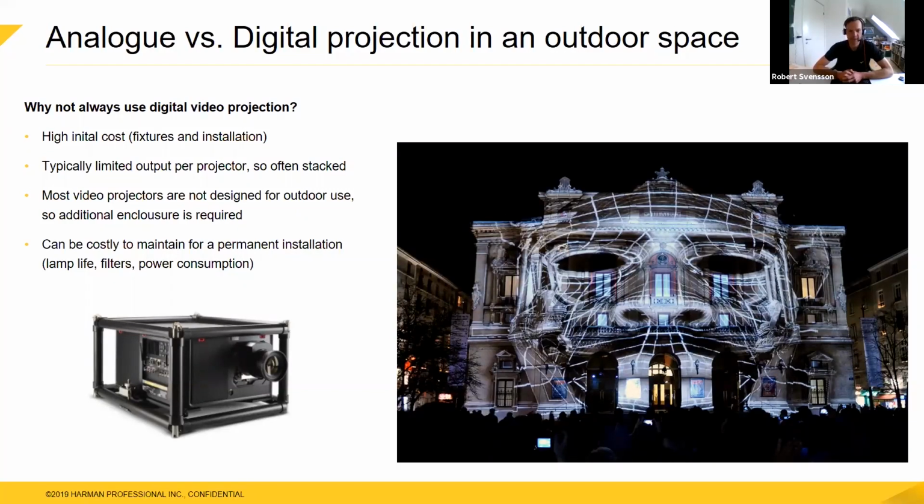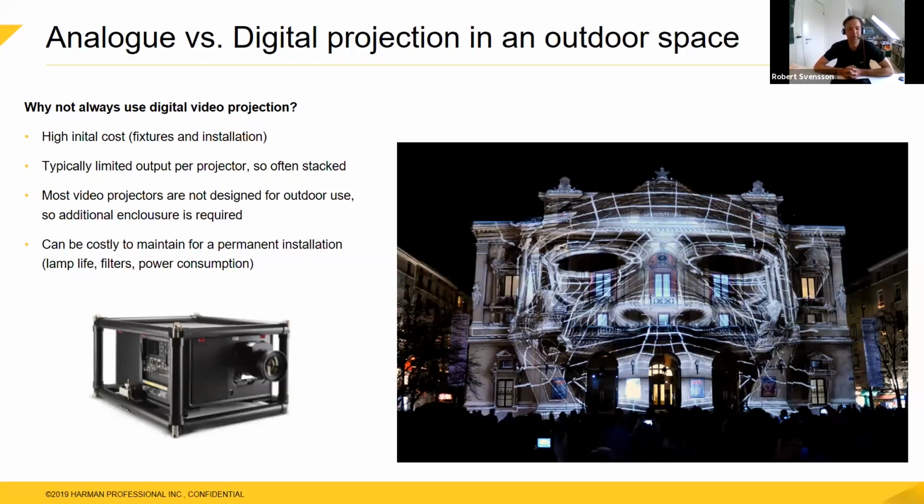There are a number of reasons, and that's also why we believe there's a market and there's room for, let's say, more traditional analog image projection, which this webinar is about. The reasons are, first of all, the cost of these huge video projectors is typically fairly high. The cost to purchase them or to rent them, to install them, it is expensive equipment.